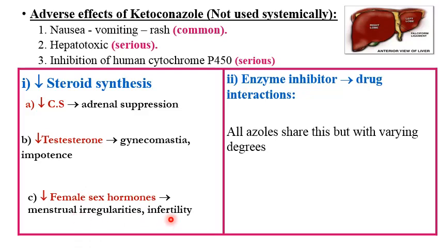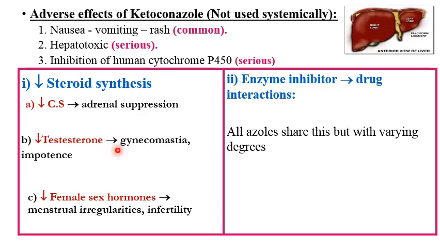So it is not used anymore, as it cannot differentiate between the fungal and the human cytochrome P450, leading to enzyme inhibition and decreased formation of steroid hormones, as this enzyme is important in steroid hormone synthesis. The other members, which are safe, attack only the fungal cytochrome P450, not the human.